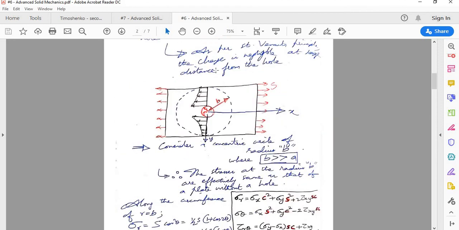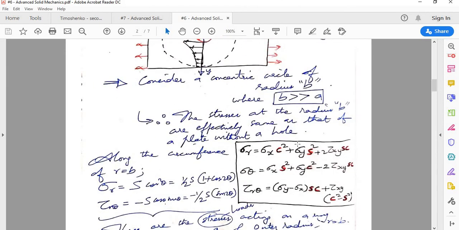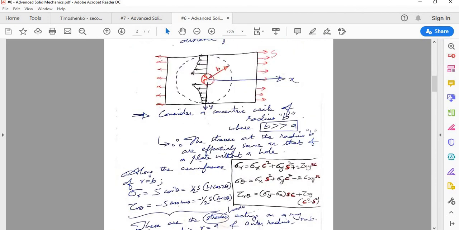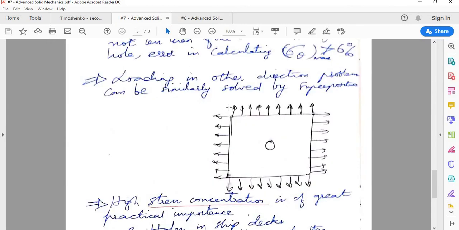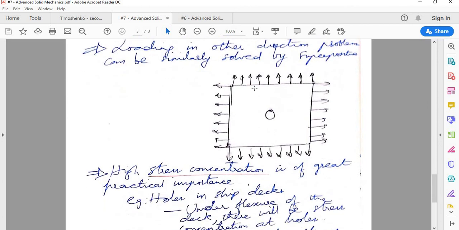When you have stress in the other direction, you will have sigma y also. In the earlier problem, sigma y was 0, only sigma x was there. So this will change, and accordingly the steps in solving will also change a little bit. You can either do that, or you can apply the principle of superposition. I won't be going into details of this.